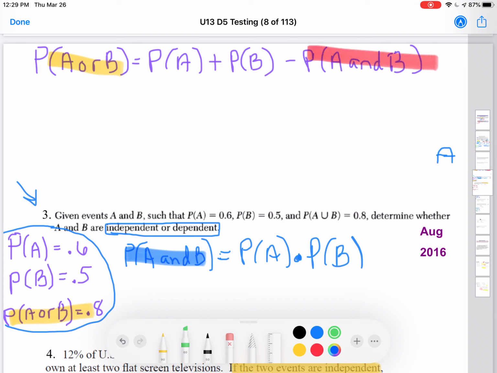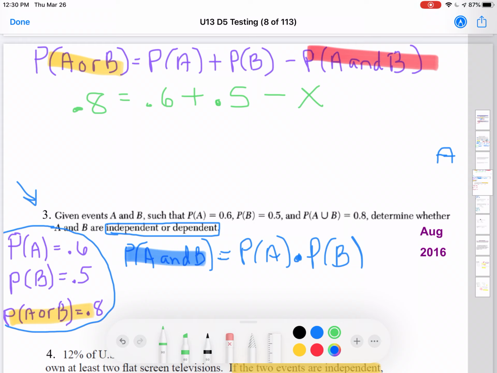So all we do is plug in our information. Okay, so let's plug in. OR is 0.8. Probability of A is 0.6. Probability of B is 0.5. And I want to find AND. Once I find AND, I can come down below and I can do my work. All right, so let's just do a little bit of basic math here.